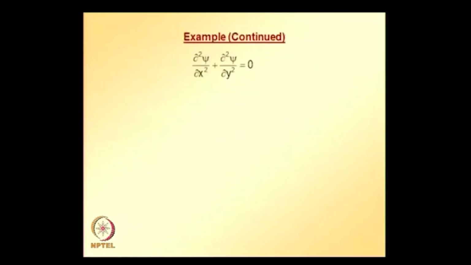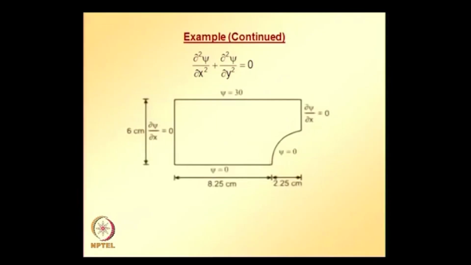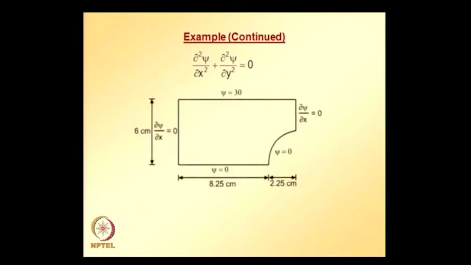And now we need to solve this differential equation subjected to these boundary conditions. So proceeding in the way that is explained, we can get the element equations, and once the element equations are obtained, we can assemble the global equation system and impose the essential boundary conditions. Here the essential boundary conditions are psi equal to 30 on the top face and psi equal to 0 on the bottom face.